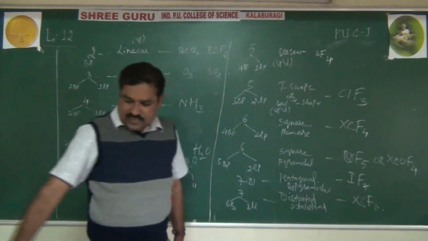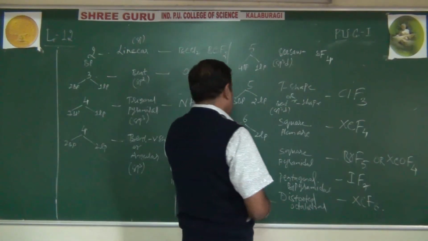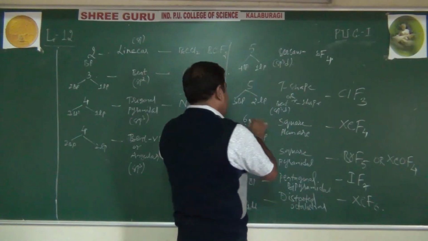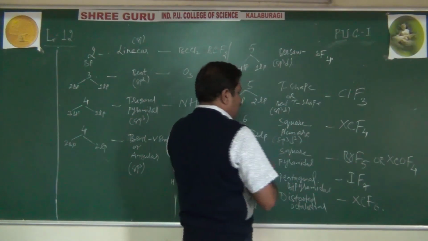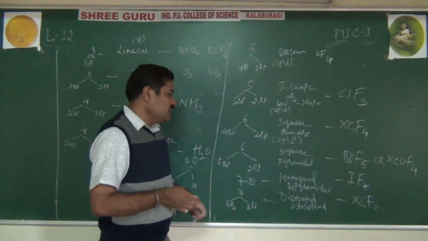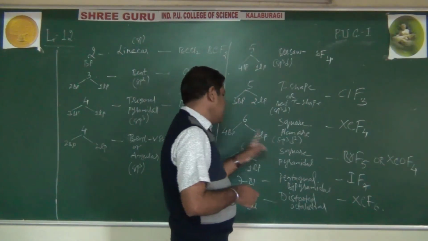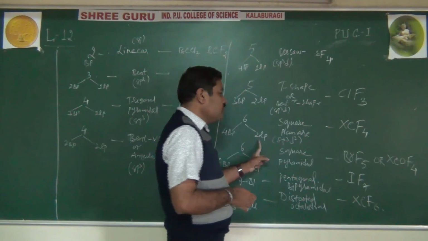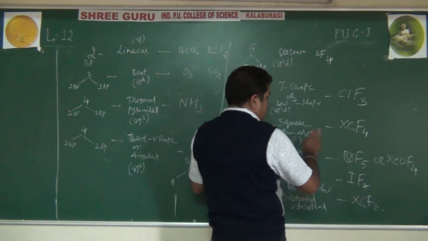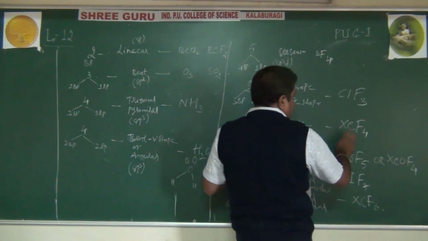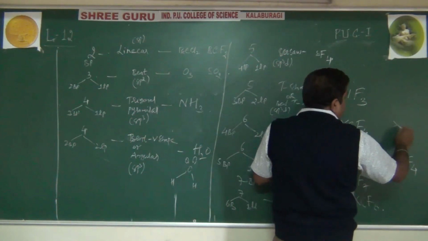5 is over. Now 6. Octahedral. What is the geometry? sp3d2. Due to two lone pairs. What is that?